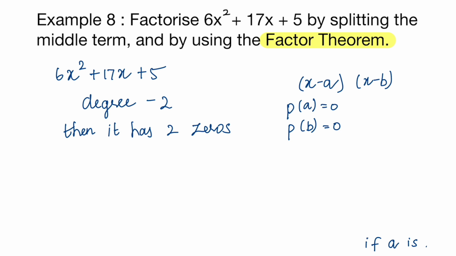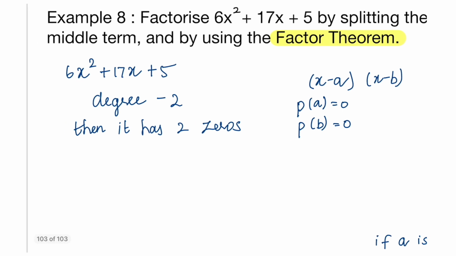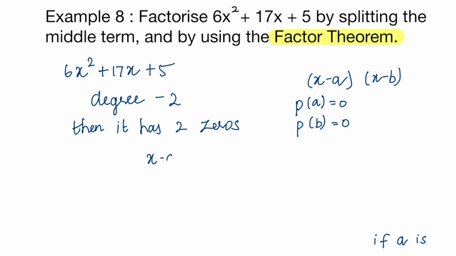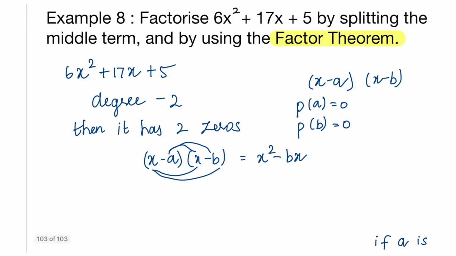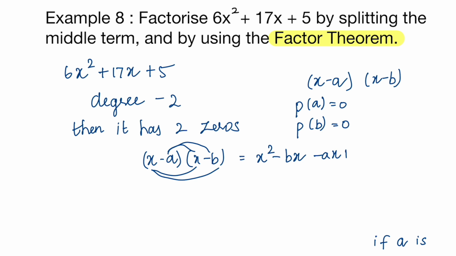Now I am just going to multiply these two things just for you to know. Let us multiply x minus a into x minus b. What does that give us? We haven't started solving the question yet. I am just getting you acquainted with these things so that it is easy for you to understand. You multiply these two, so that gives you x squared minus bx, and this one gives you minus ax plus ab, because minus into minus gives you plus.